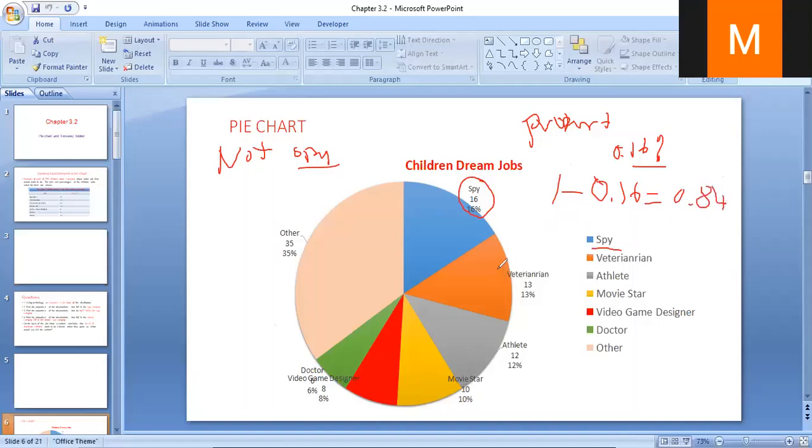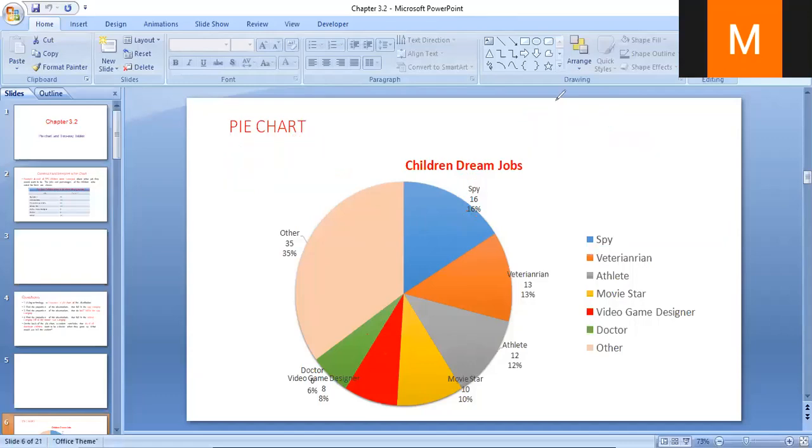Or you add in everything. We have 2 ways to find not in spy. Use 1 minus 0.16 to get 0.84, or you add all the different categories. This is how to find the proportion of not in spy.